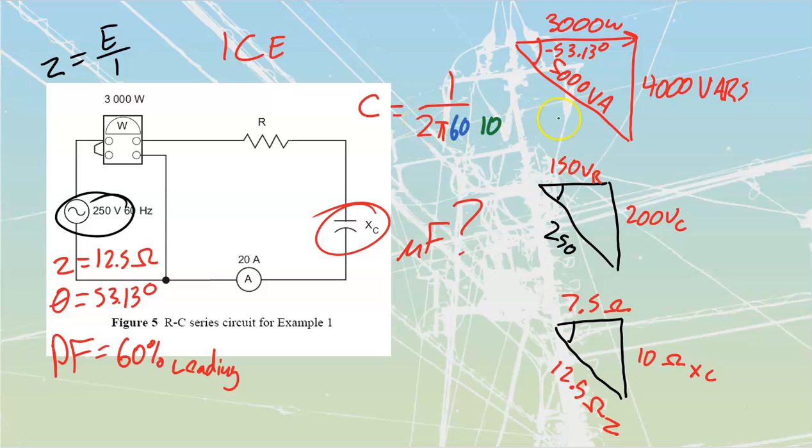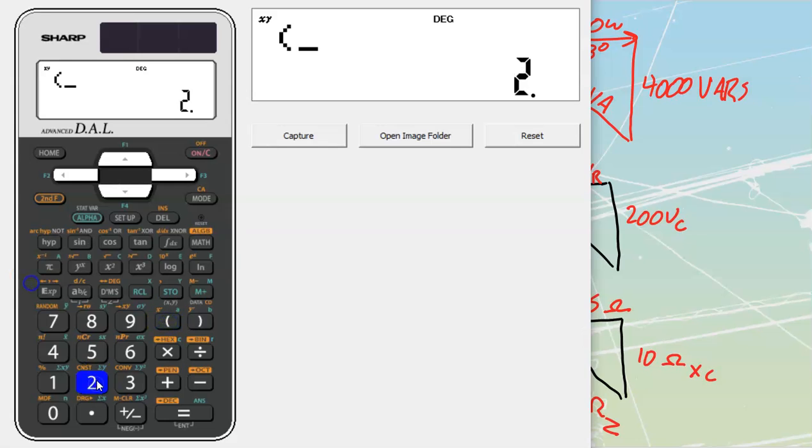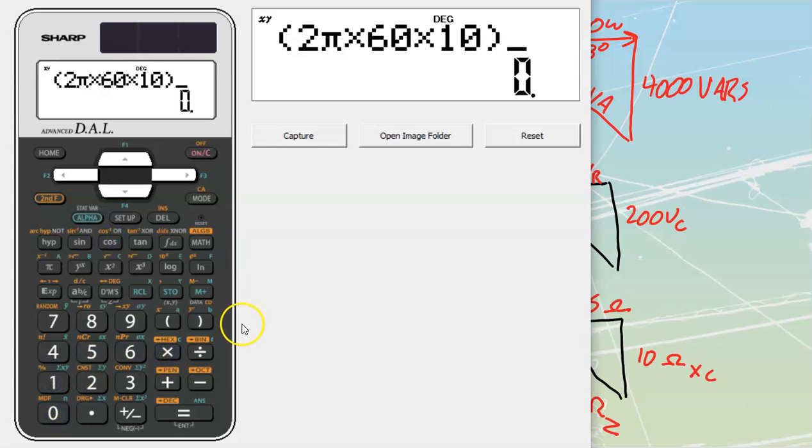So we'll just punch that all into our calculator. Bracket 2 times pi, where was pi? Oh, 2 pi times 60 times 10, bracket, and then I'm just going to re-invert this one, x to the negative 1.